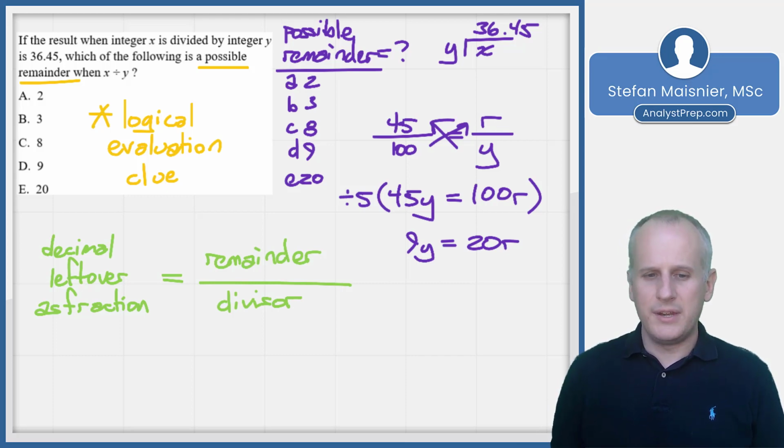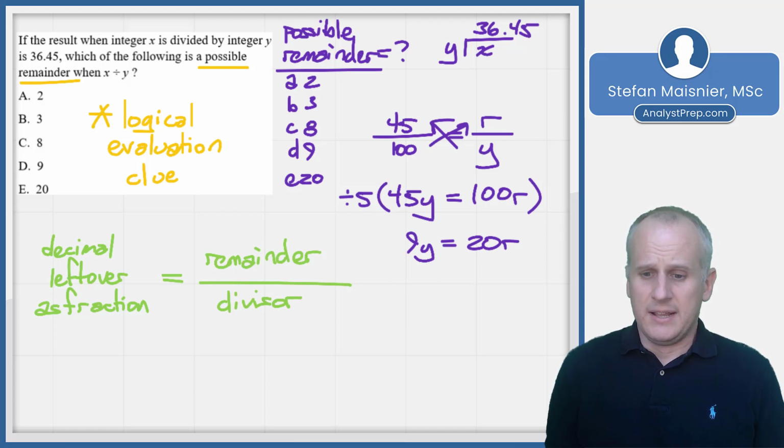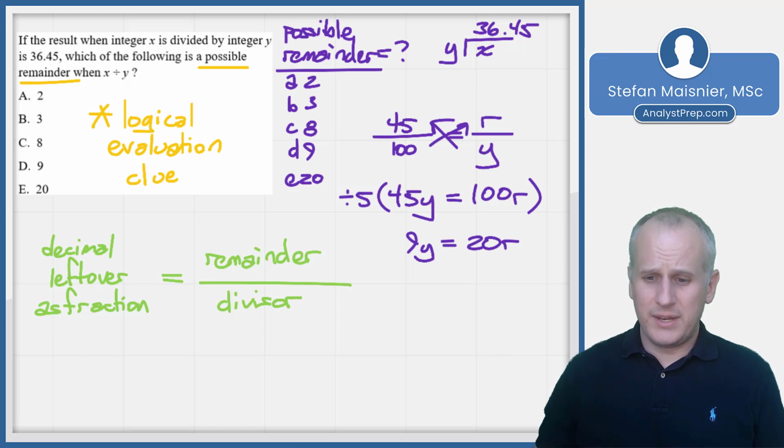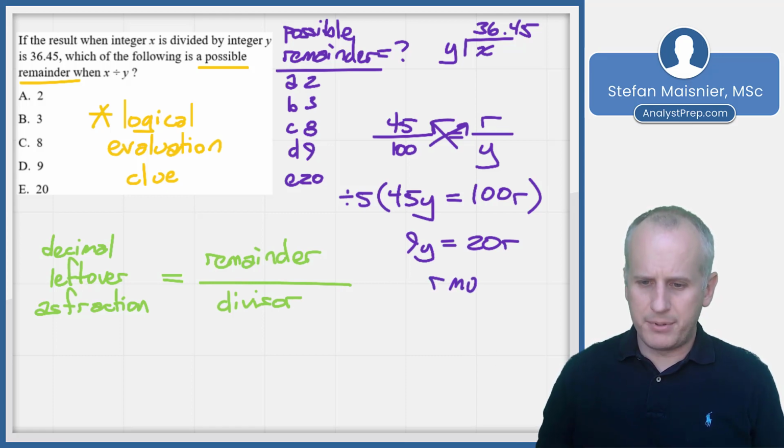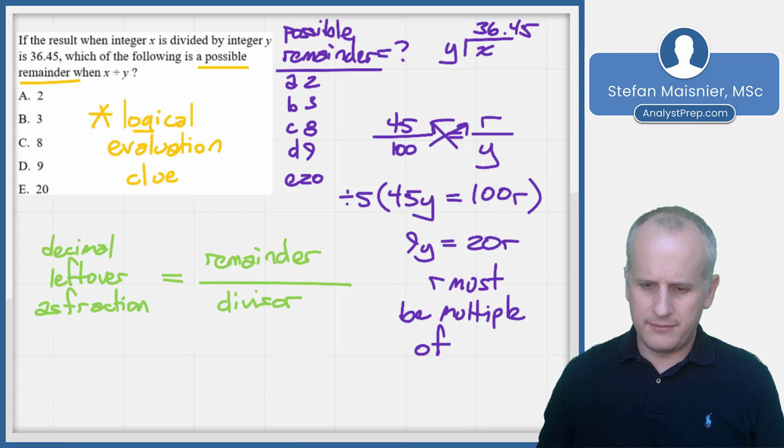So what is our possible remainder? Well, we know that our remainder, first off, has to be a multiple of 9. Because with 20r, our remainder, we're not going to get a divisor of 9 from 20, so we know that no matter what, our r must be a multiple of 9.